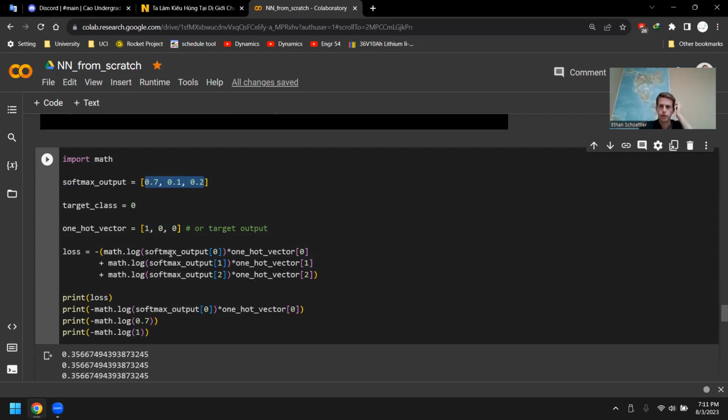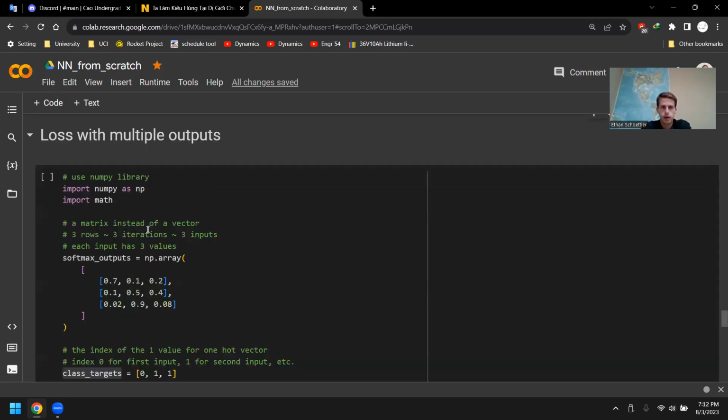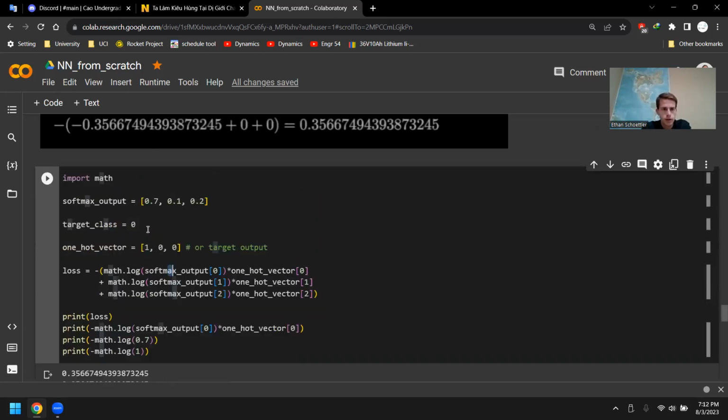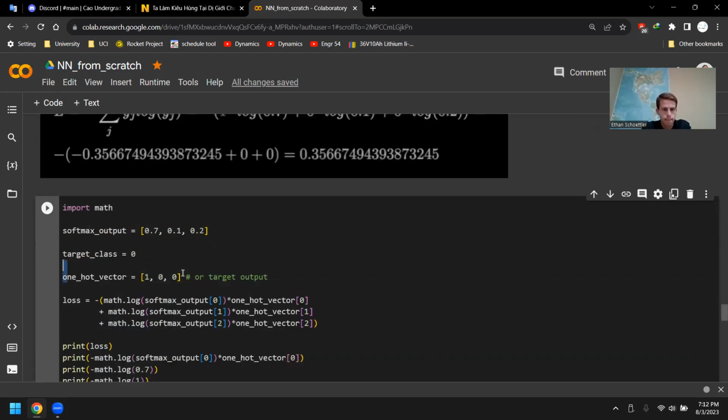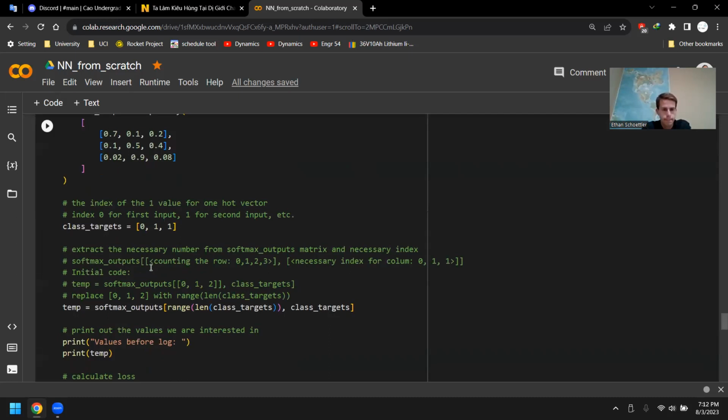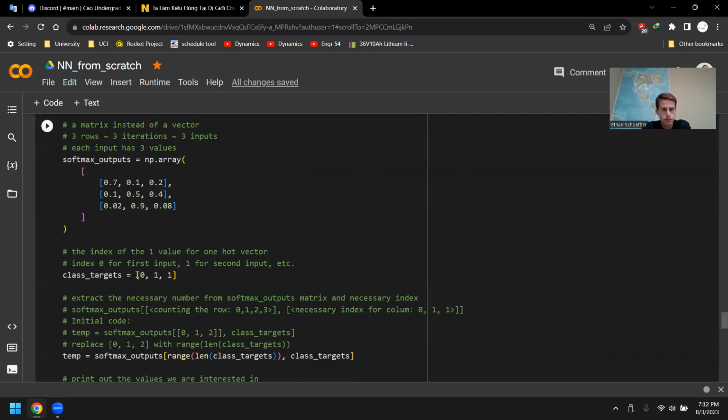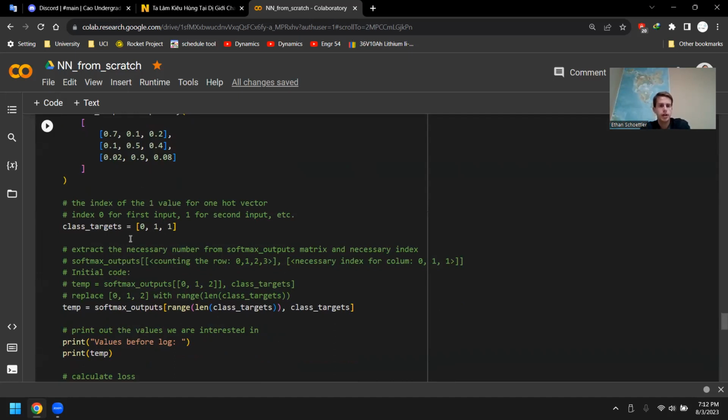So this is like when you train with batches, and the batch would have multiple inputs. Yeah. So instead of the whole matrix of one hot vectors, I'm just going to use the index of the value one in the one hot vector. But for the class targets, wouldn't you need a full array instead of just one vector?